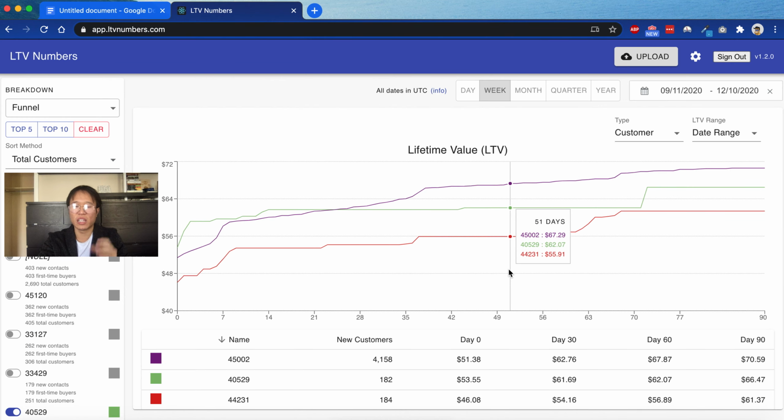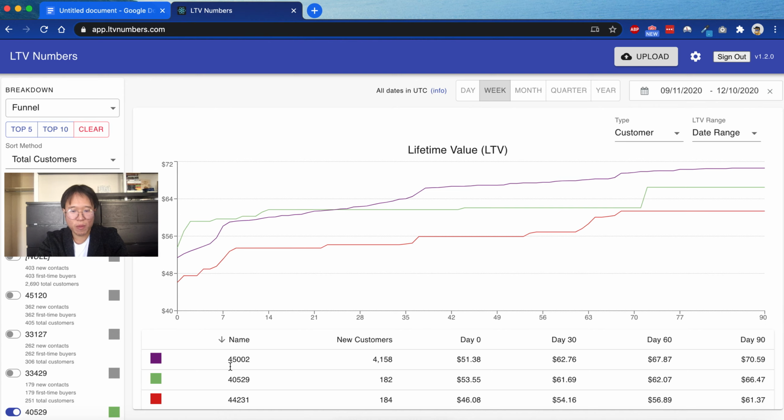So this is the lifetime value graph. We're currently looking at a funnel breakdown. We're looking at customer LTV for the past 90 days on a weekly basis. Over here, the y-axis values are the lifetime values, and the x-axis is the day, day X, let's say.